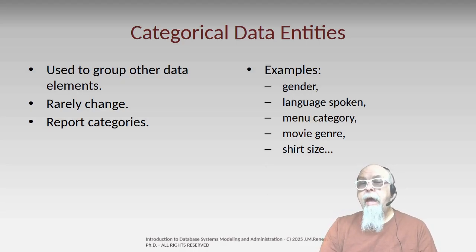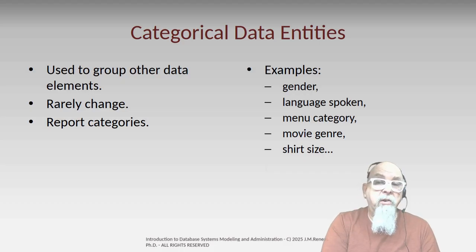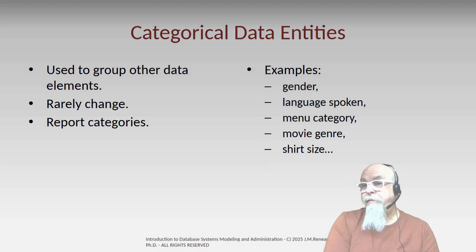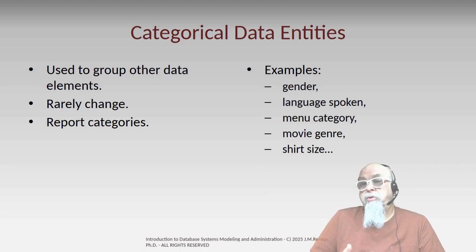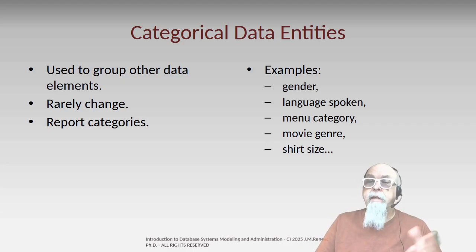Or if we had a restaurant, the category of menu item: is this an appetizer, a main dish, a dessert? Is it a movie, what is the movie genre? Is it a sci-fi movie, or a romance, or a western? And even things like shirts would have shirt sizes and color and other categorical entities that go along with the shirt, or the other entity that these categorical entities describe.